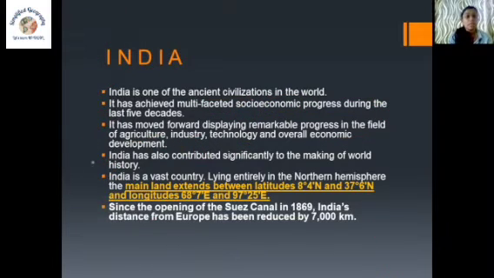The third point says it has significantly contributed to the making of world history. Now how have we made world history? Initially we were colonized by the East India Company, from the United Kingdom.